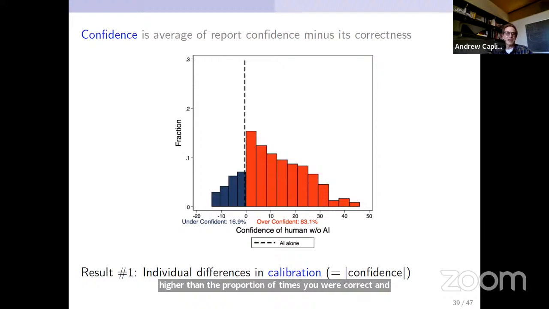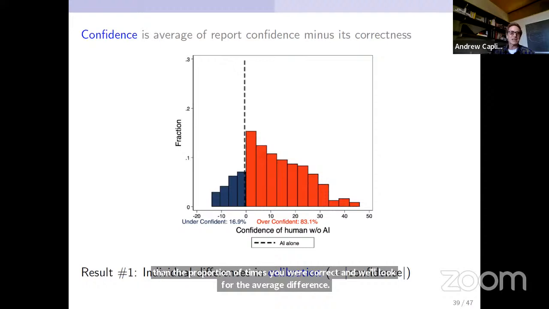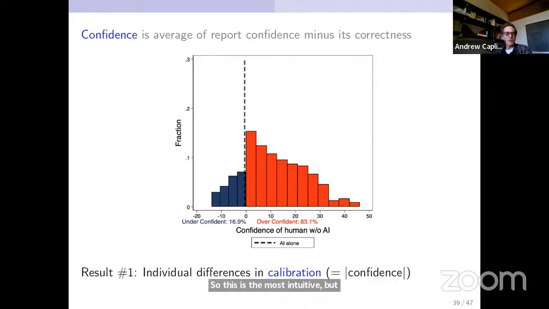So this is the most intuitive, but not necessarily the best measure of overconfidence. People who report that they are 90% sure, but are correct 70% of the time, are 20% overconfident. And this is the distribution. There were some people who were underconfident, but as is typical, there were more people who were overconfident.